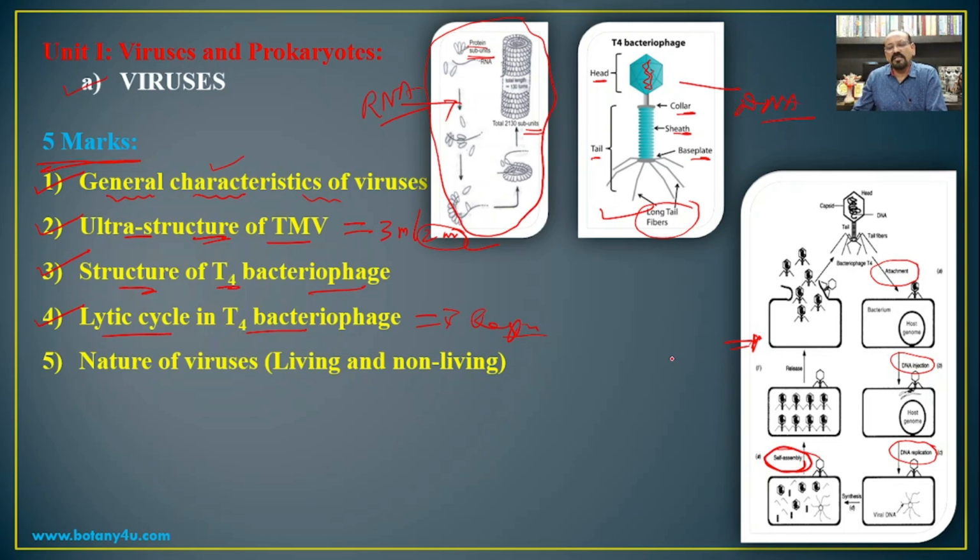So here also in this question, you are expected to draw all these diagrams and to provide the different stages of the lytic cycle. In the fifth type of question, that is nature of viruses, here we have to provide the living as well as non-living nature of the viruses.